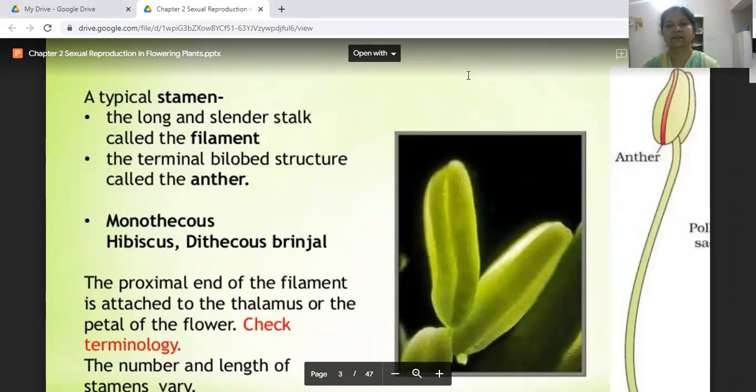You can see this is a microscopic image of the anther. You can see two lobes longitudinally, 1 and 2.